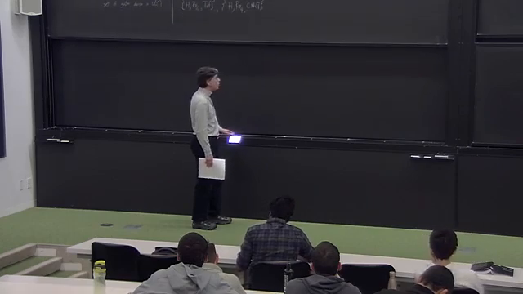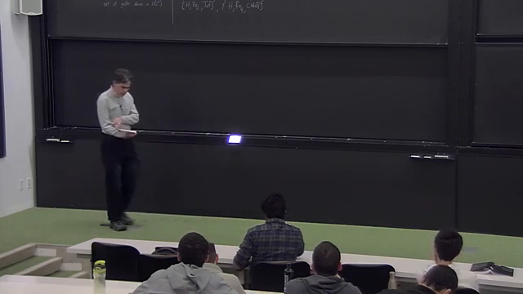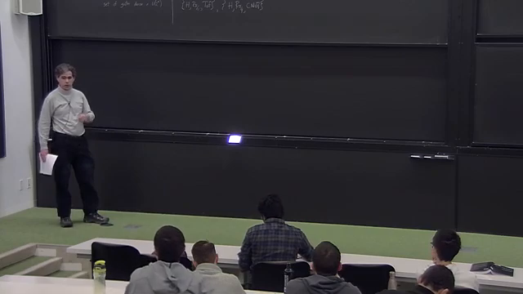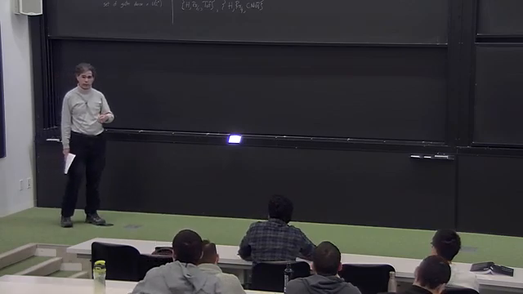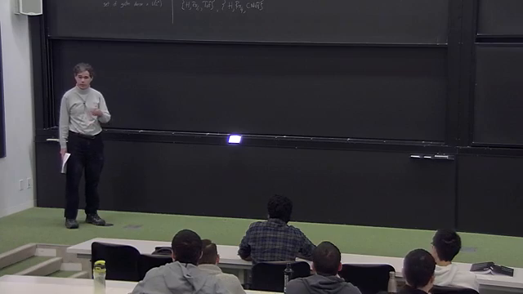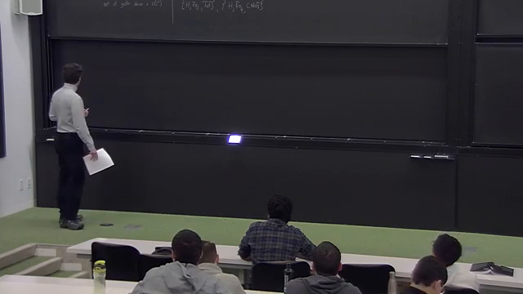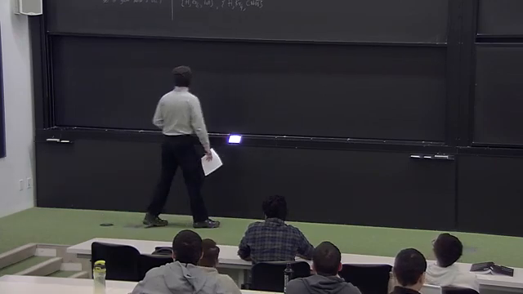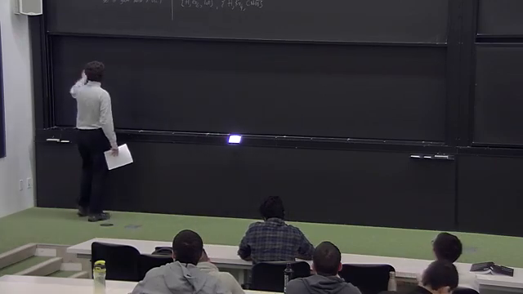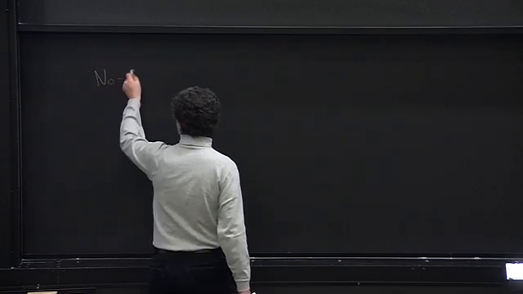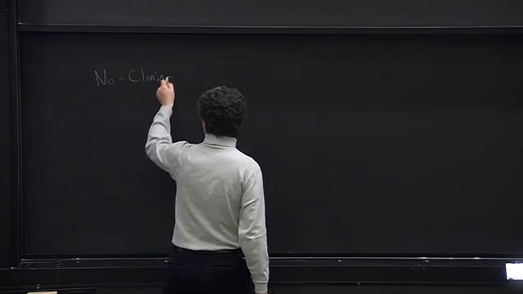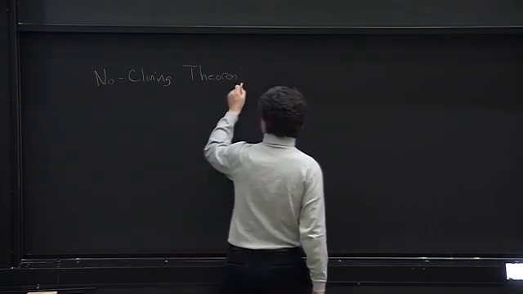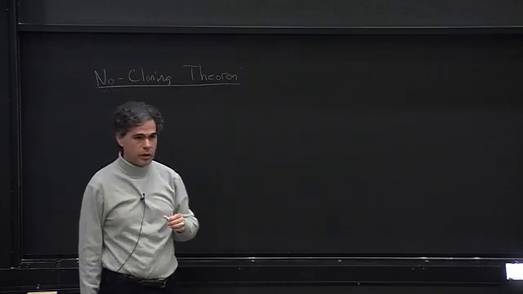OK, so next topic. Now I want to review the no cloning theorem and start some simple quantum protocols. Probably some of them you've seen before. So the no cloning theorem is one of these.